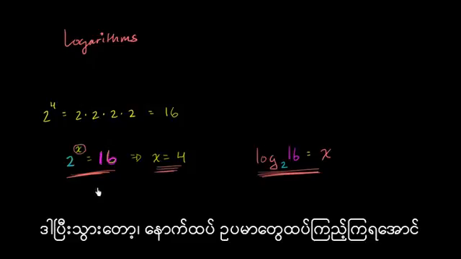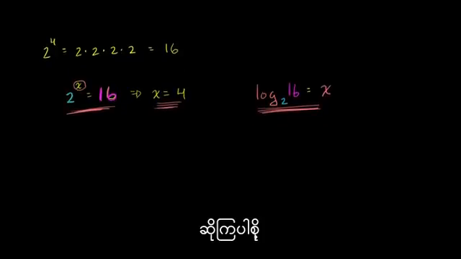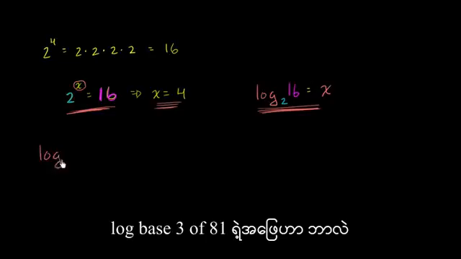So with that out of the way, let's try more examples of evaluating logarithmic expressions. So let's say you had log base 3 of 81. What would this evaluate to?